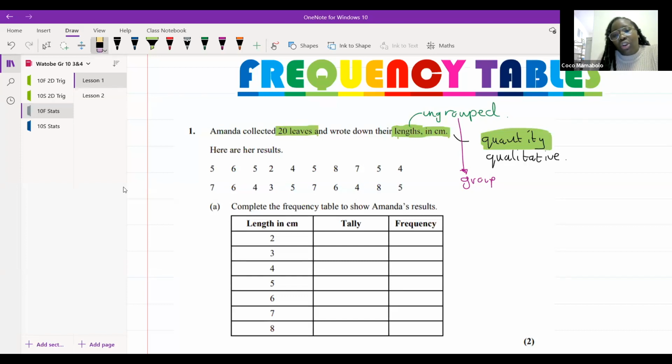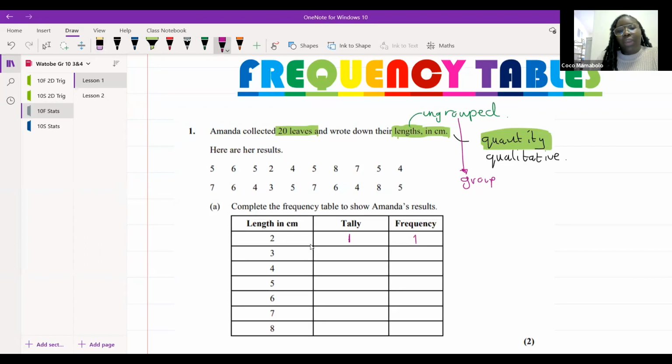So I need you guys to look on the screen for me and tell me how many 2 centimeter leaves did she pick up? How many of them are 2 centimeters? Good. Only one of them. Thank you, Alex. Good. So I'm going to put a tally of 1, and I'm going to say the frequency of the 2 centimeter leaves is 1.